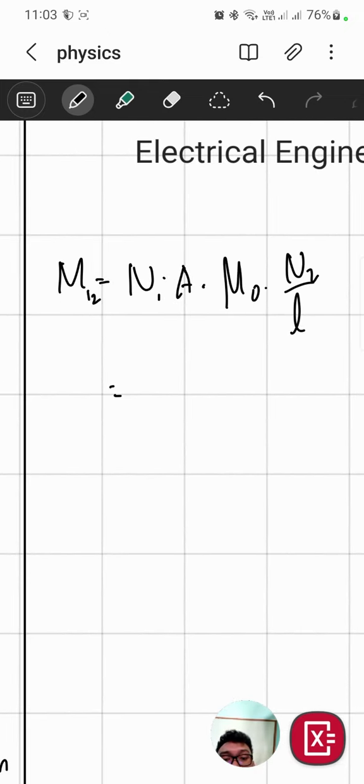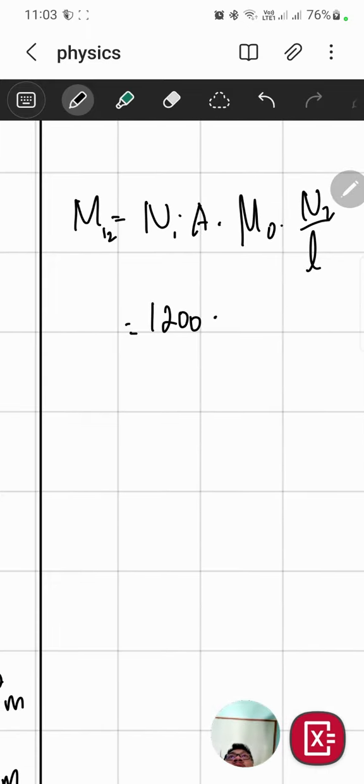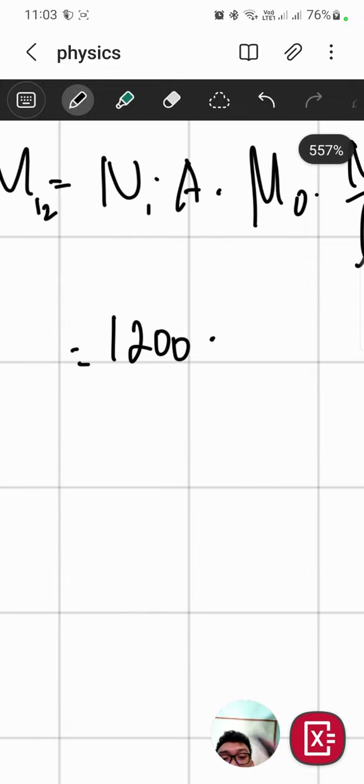So we can input these numbers: 1,200 turns times A, where A is the area.